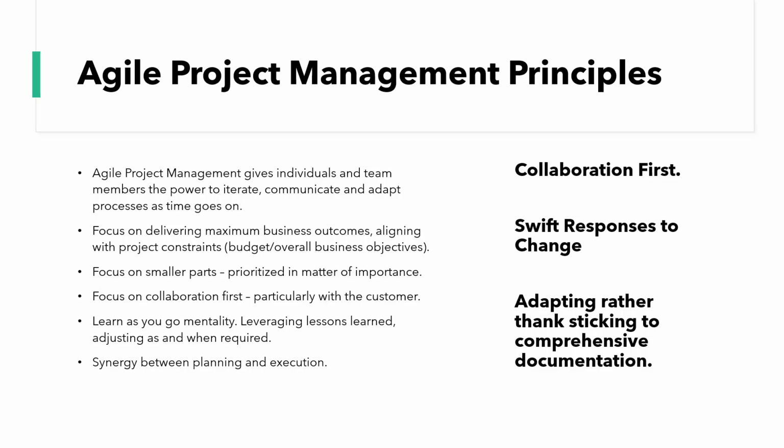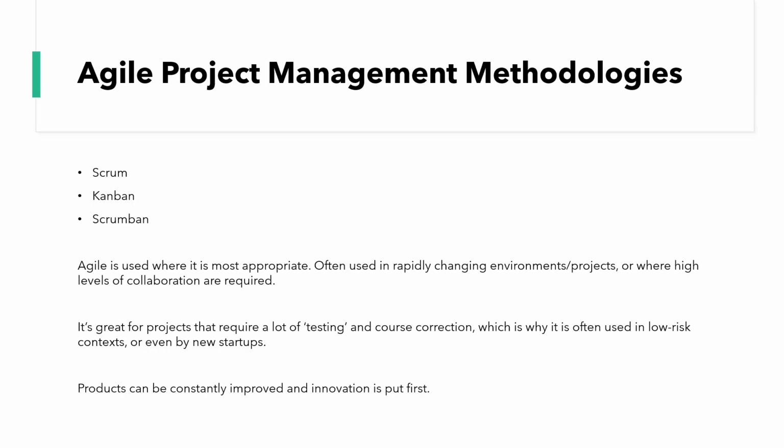There's very much a learn as you go mentality, with the ability to leverage lessons learned and make adjustments as and when required. Now, there is a synergy between planning and execution. They don't occur simultaneously. It's all about adapting rather than sticking to a comprehensive documentation or process.